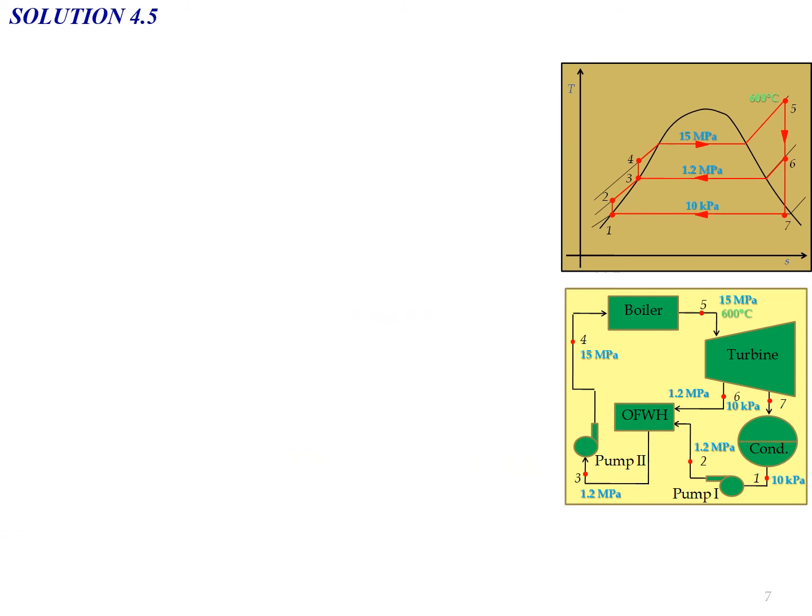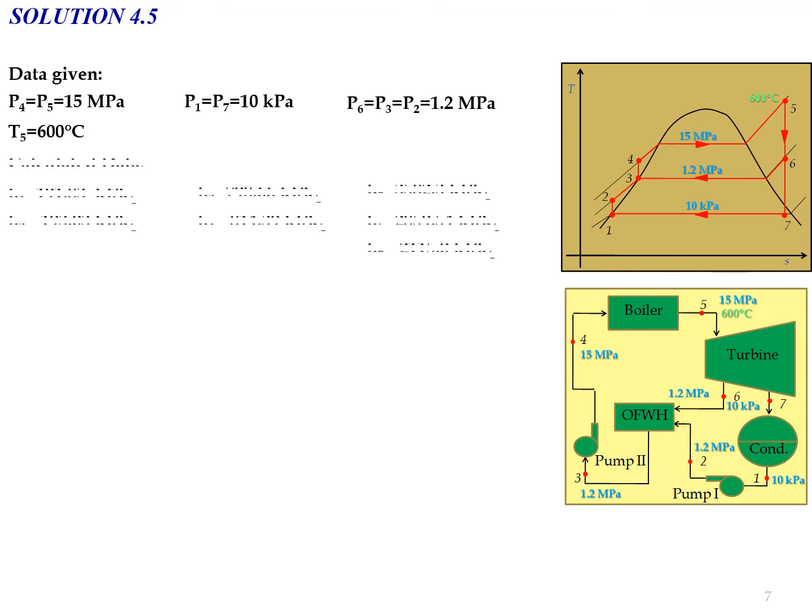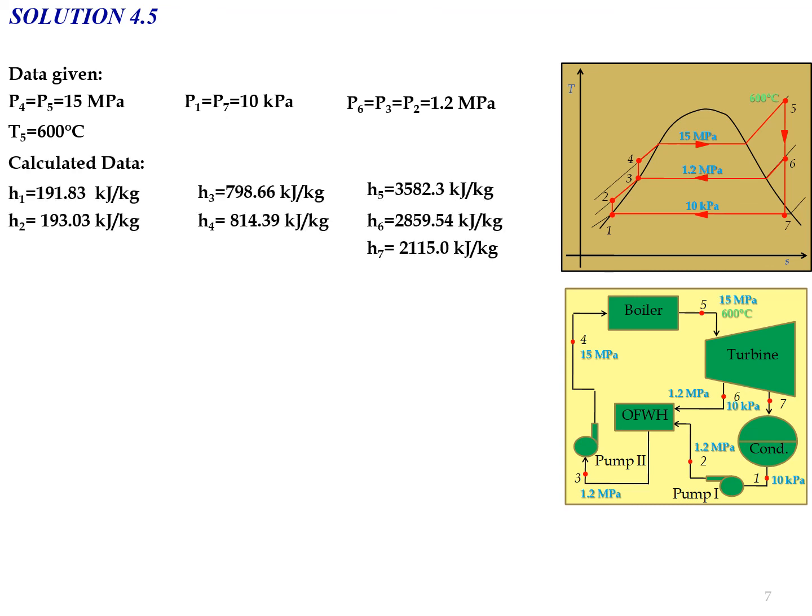Okay, so we already calculated all the values, and we also know the data given from the question. So we just need to list down all the data given from the question and also the calculated data from the analysis of the TS diagram. We know this is an open feed water heater, which is a mixing chamber.